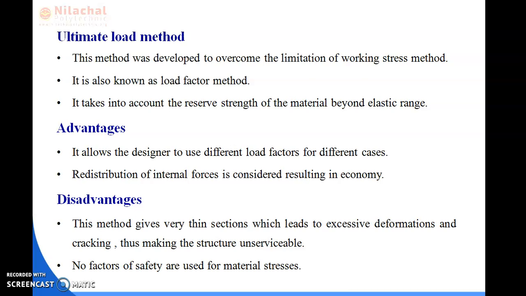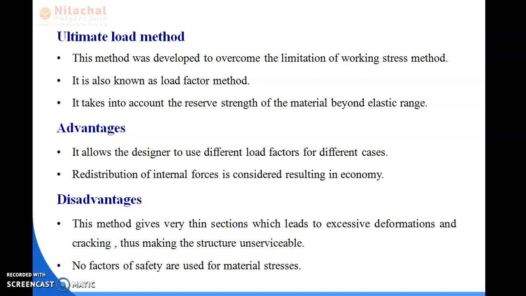In the working stress method we can design a structure only up to the elastic range, not beyond it. But in the ultimate load method we can consider the structure within and beyond its elastic range, which means we can find the strength of the structure in the plastic zone also.